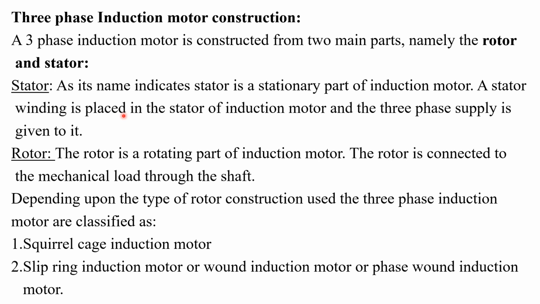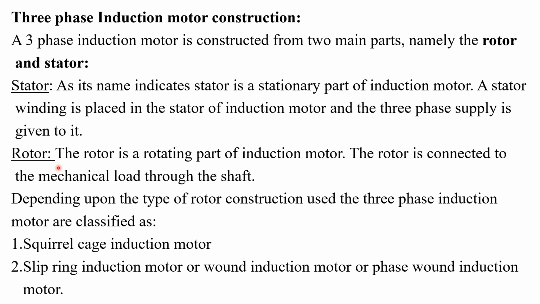We give the three-phase supply to the stator winding. A rotor is the rotating part of the induction machine, which is connected to the mechanical load. Those are the basic points about stator and rotor.